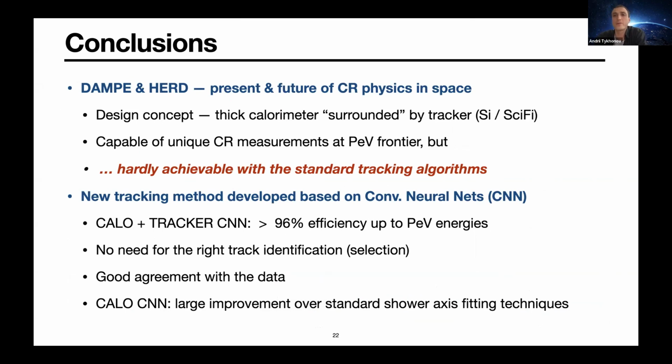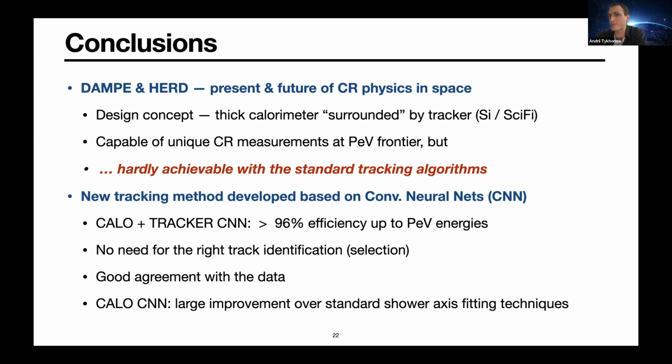However, these measurements are impossible with conventional tracking. That's why we developed a novel approach. This is the first time that a completely machine-learned tracking pipeline is developed for space instruments. And as you can see, it shows very high efficiency, about 96%. There is no need for track identification. There is good agreement with the data.